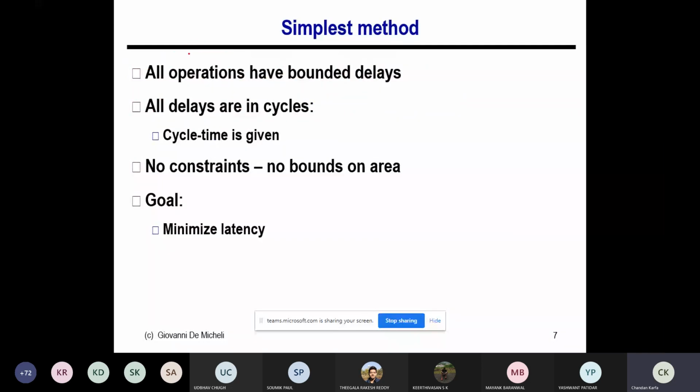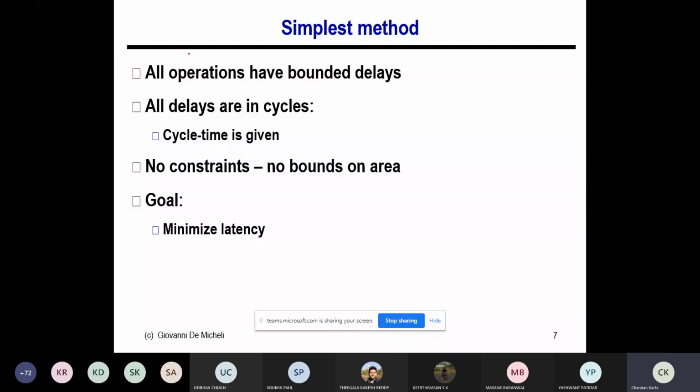So the simplest method, the unconstrained scheduling: all operations have a given delay, that is how many time steps each will take to execute, and the cycle time is given. Then there is no constraint, basically no bound on area, and obviously you try to satisfy all the dependency constraints, and you try to minimize the latency.